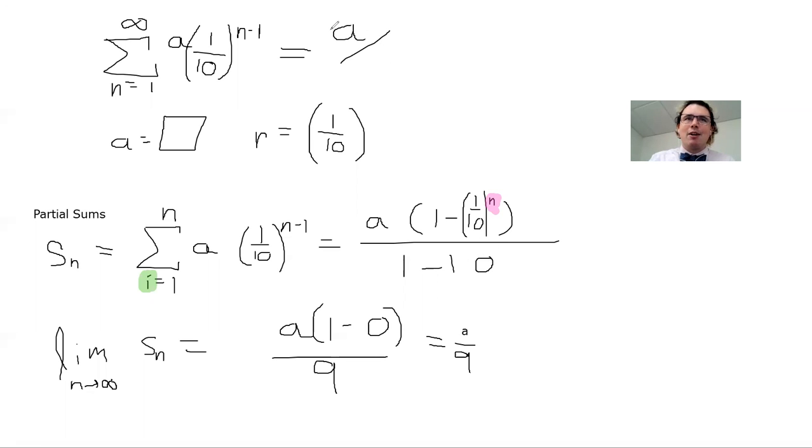I wrote the correct thing later on, but I didn't write it here. This, of course, on my denominator should be 1 minus 1/10. Sorry about that. So let me do this very correctly.